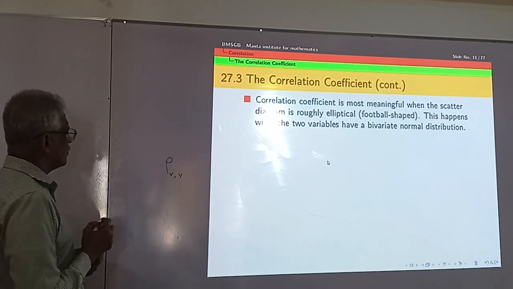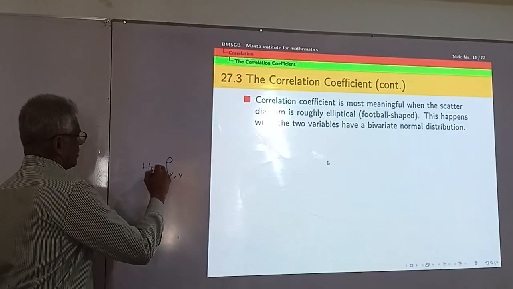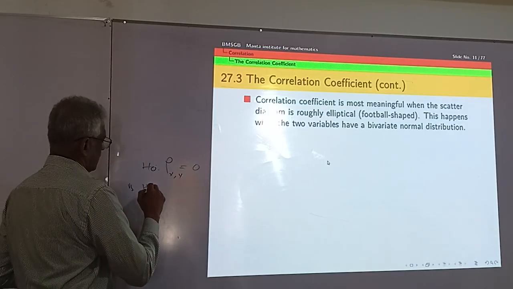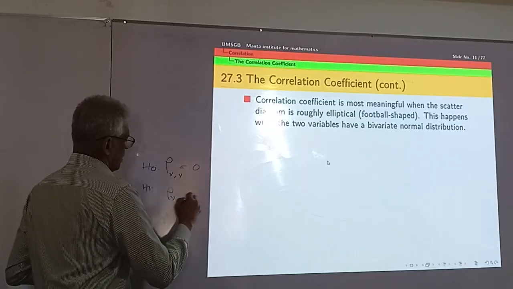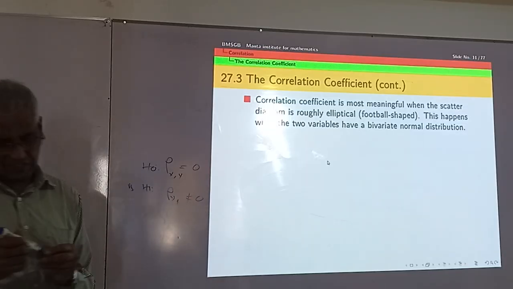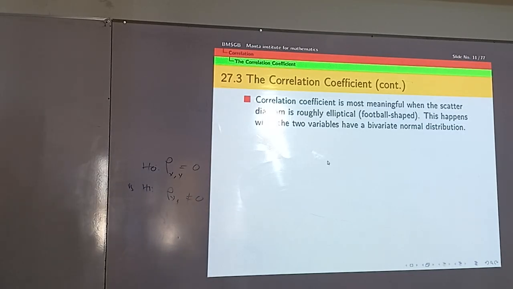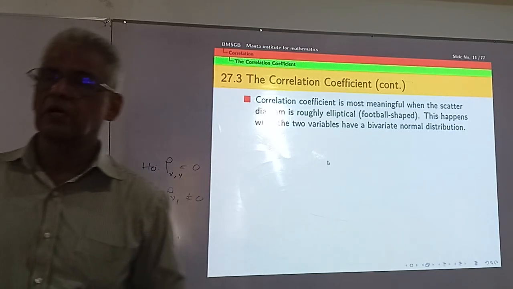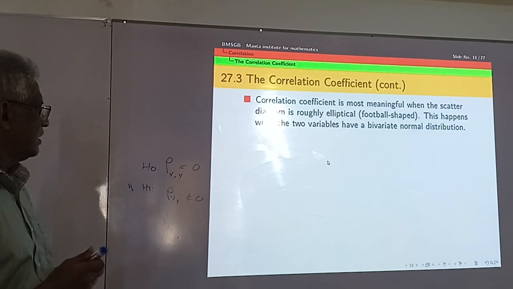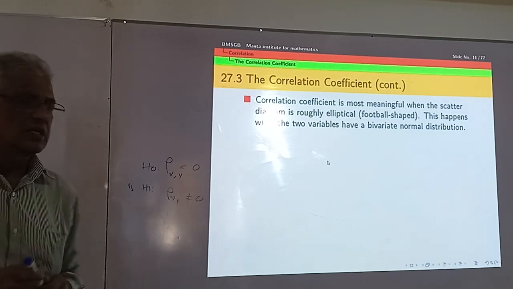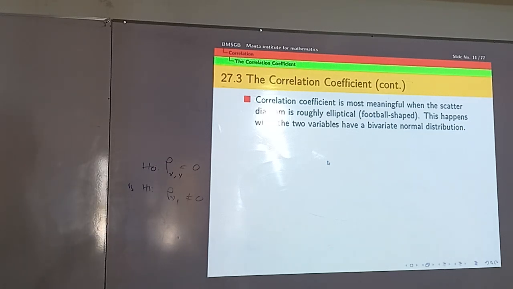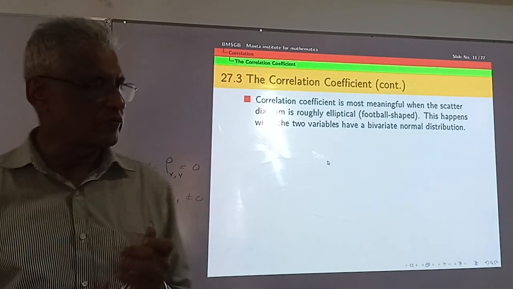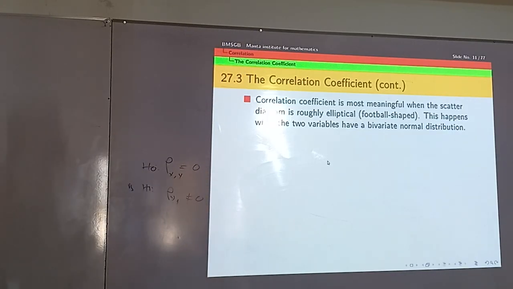So people are usually interested in testing a hypothesis like H0: rho equal to 0 versus H1: rho xy not equal to 0. This is tested using the sample correlation coefficient R. There is a test applied in this case. It's also a kind of t-test, because the critical value of that test comes from a t-distribution.